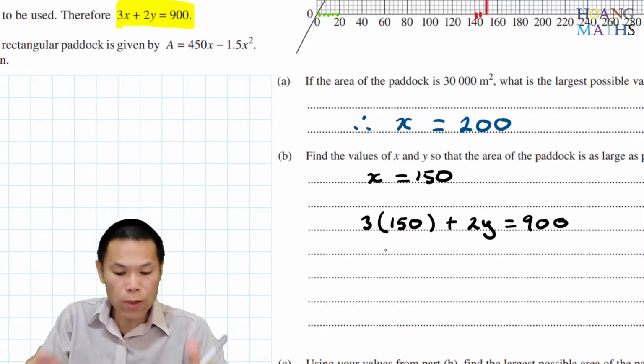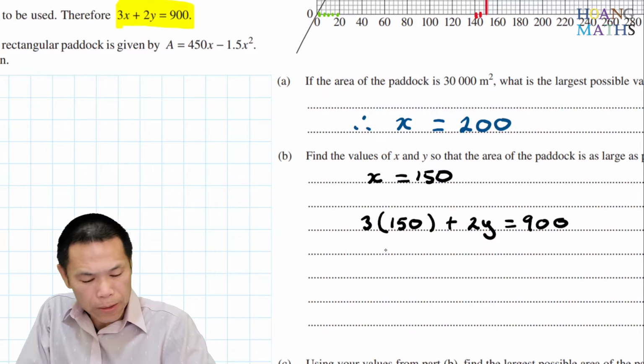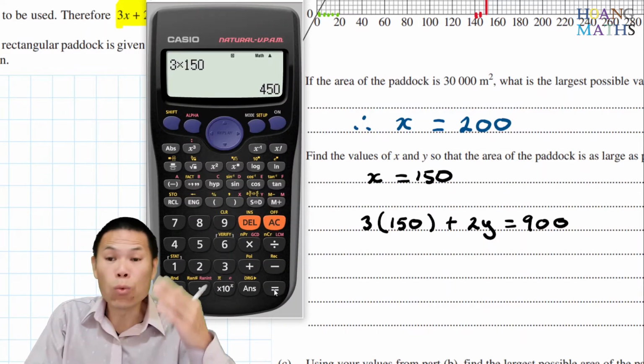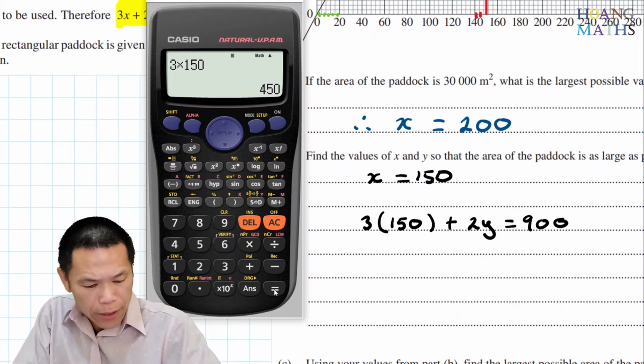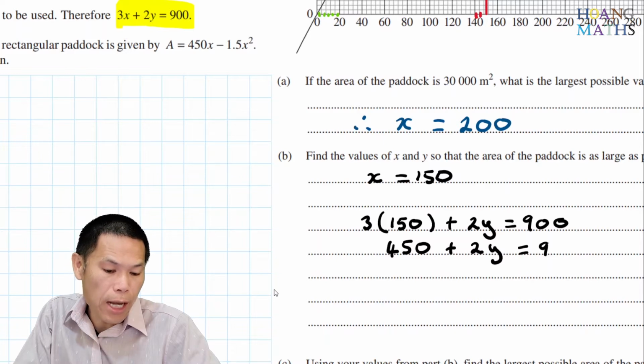So what I do now, I just expand this. So 3 times 150 is 450. And then we plus 2y. So that gives me 900.